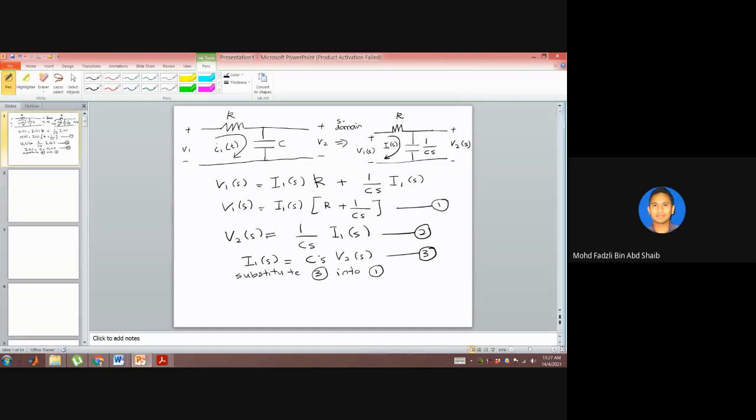So I1 equals CS times V2. So V1(S) equals, substituting I1 straight away, CS V2(S) times R plus 1 over CS.